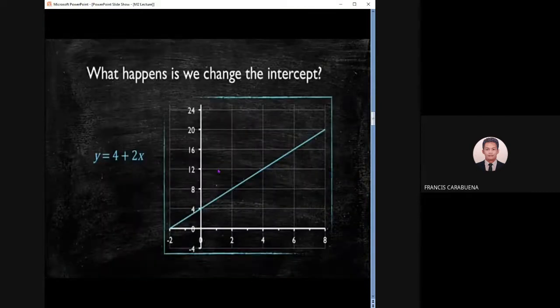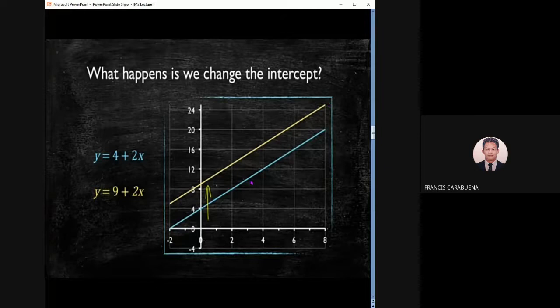Let's further understand this by looking at what happens if we change the intercept. In particular, let's use a larger intercept, for example, we change the intercept to 9, and we see that we're moving the line upwards, meaning that we're increasing the distance from the horizontal axis to the point where the line intersects the vertical axis.